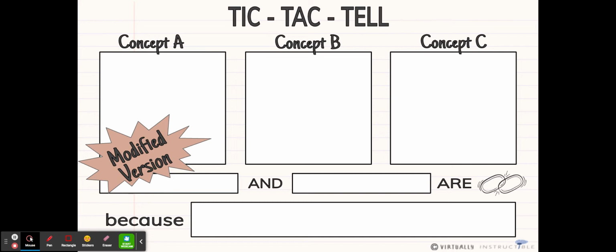And instead of a paragraph, they would look at those three concepts and identify two that they could connect. So instead of writing a paragraph with three words and explaining how they're connected, they only have to select two words or concepts and explain how they're connected in a sentence that is kind of already scaffolded for them.